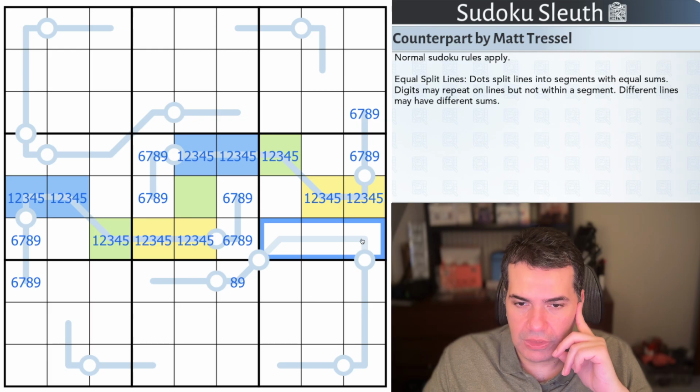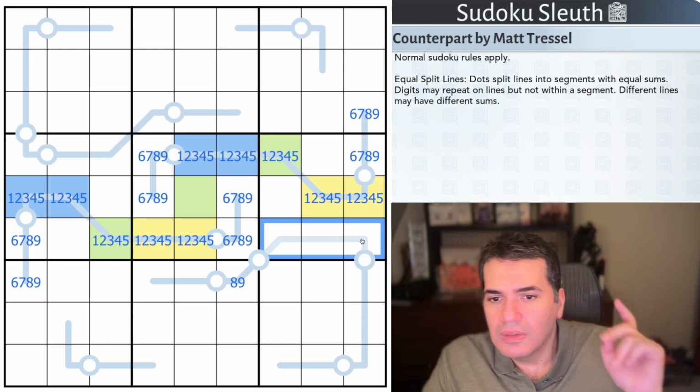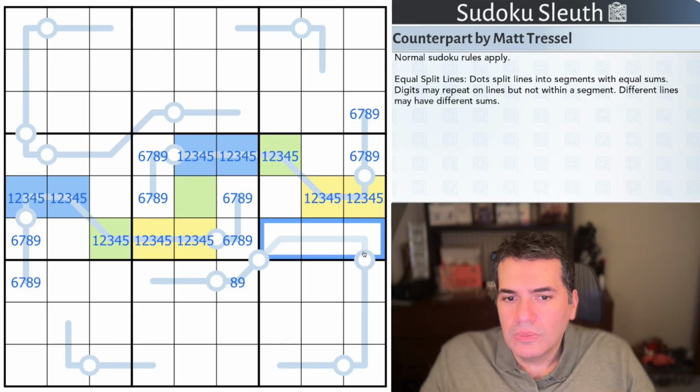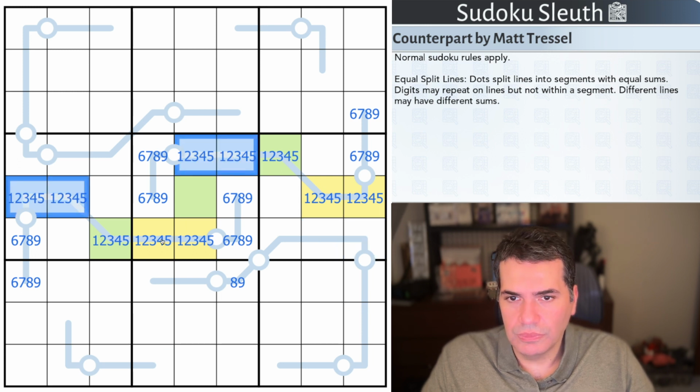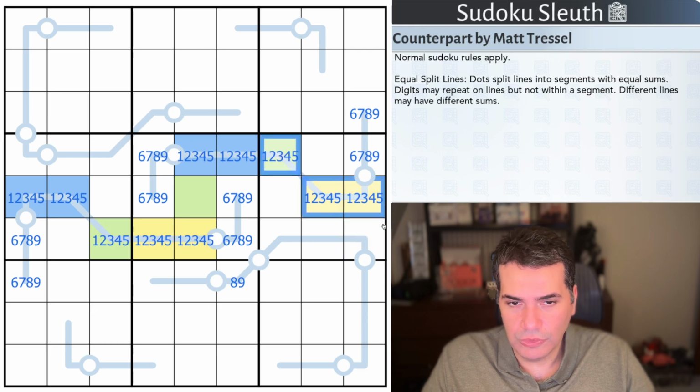It's forcing a 9 in our first break-in. Let me explain why. Right, so blue, these two cells, are going to be on here. However, I can't have any more low digits because I've already got green and yellow in the same box.